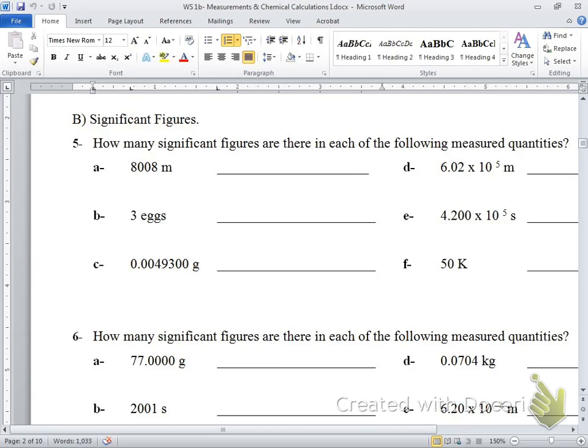And if it's trailing, it depends on whether or not there's a decimal. If there's a decimal, it is significant. And if there is not a decimal, it's not significant.